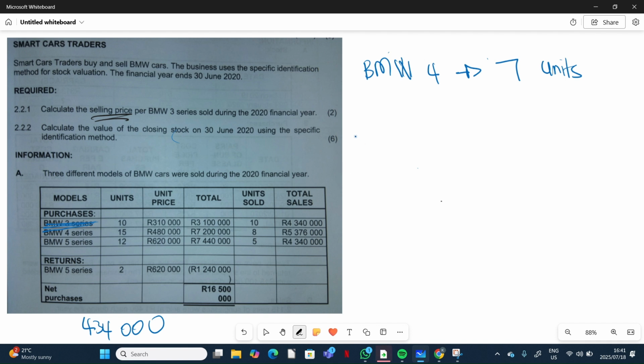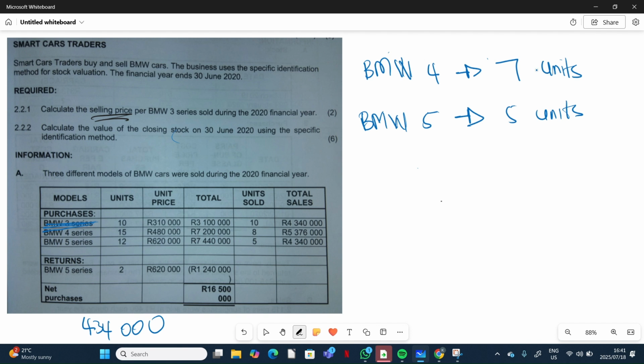Then our BMW 5 Series, we bought 12, but we returned 2, so we have 10, and we sold 5. So we still have 5 units left, right? So now we need to calculate the value of your BMW 4 Series units and your BMW 5 Series units, right?